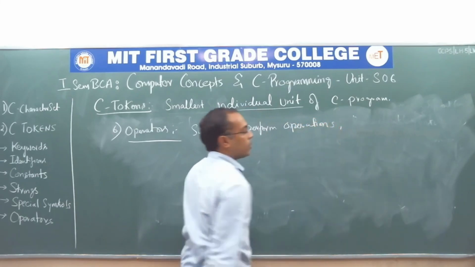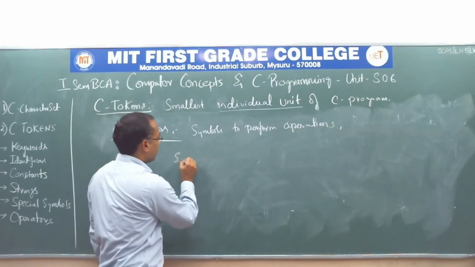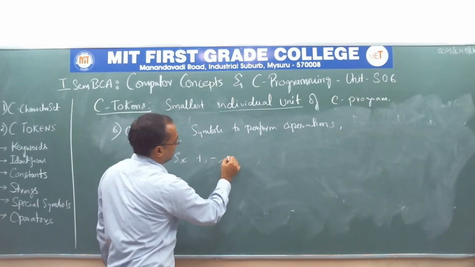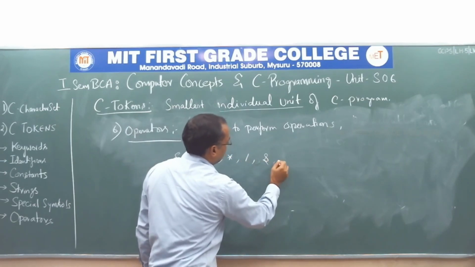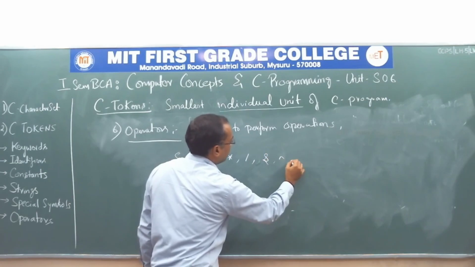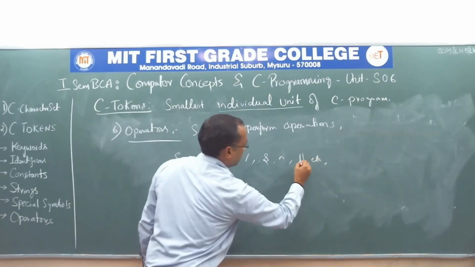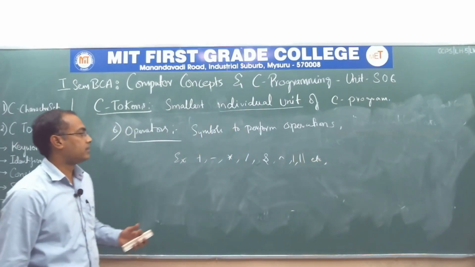It can be arithmetic operations, it can be logical operations. There is a variety of operators: plus, minus, star, slash, etc. Cap symbol, pipe symbol, and so on are all examples of operators.